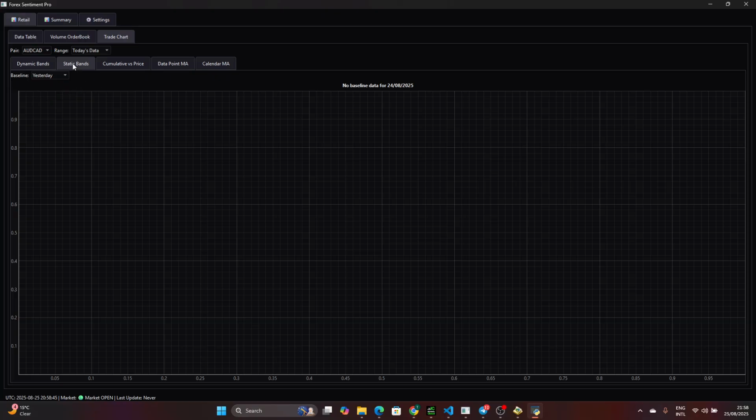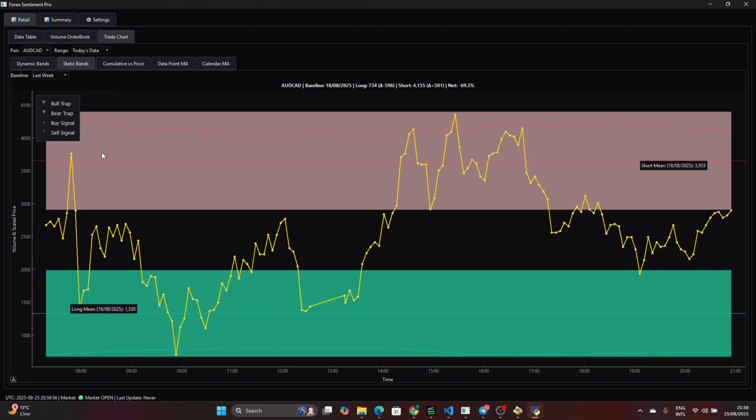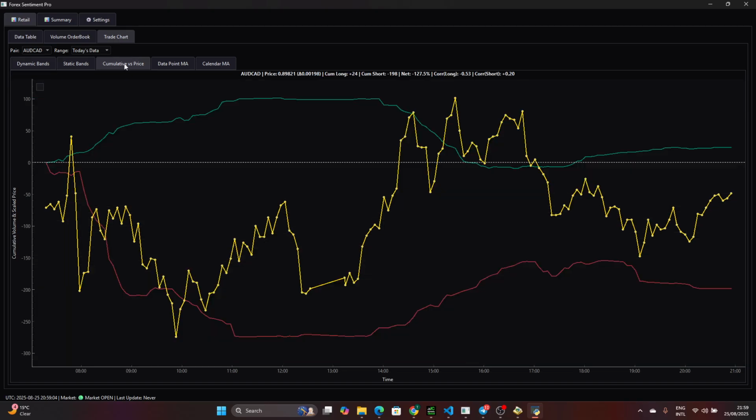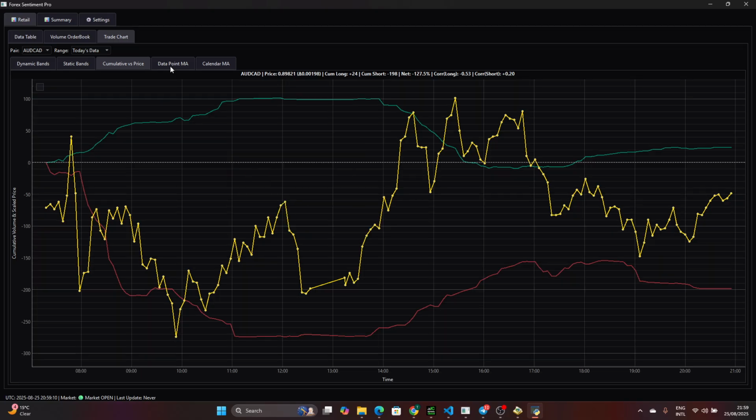So, the static band gets data from the previous day. Previous day is Friday, because today is Monday, so we don't have any data. In this case, I'm going to use last week's data as a baseline. Then we have the cumulatives, which is for the current day.